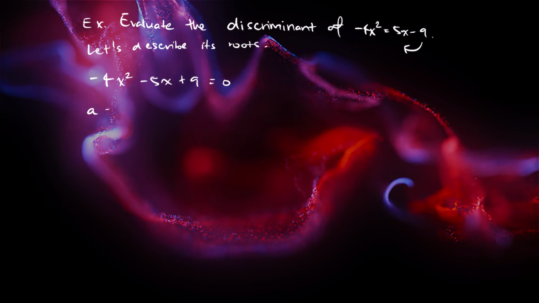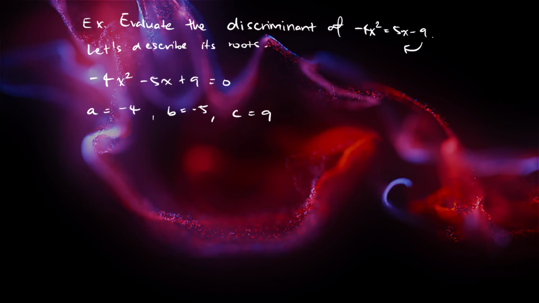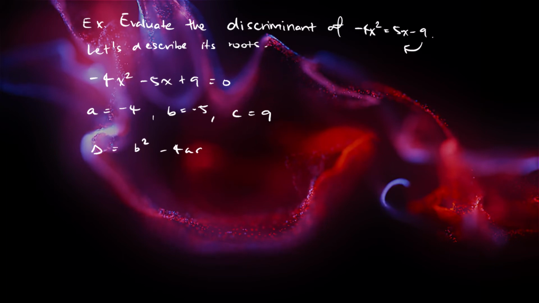So my value of a is negative 4. My value of b is negative 5. And my value of c is 9. Now remember, the discriminant is equal to b squared minus 4ac, and this triangle represents the discriminant. So this is equal to negative 5 squared minus 4 times negative 4 times 9.